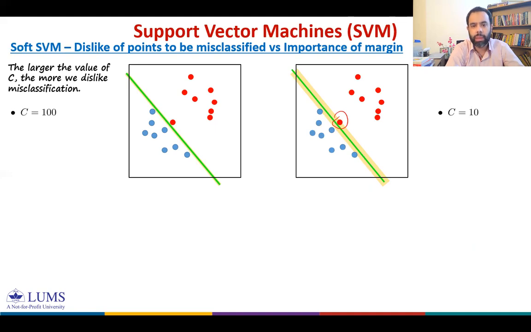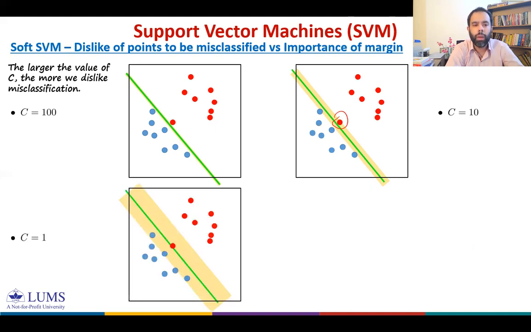If I further decrease C, right? Now, by decreasing C, I'm moving towards allowing misclassification. Okay, so more points are being misclassified or inside the classification margin, but we have a much larger classification margin.